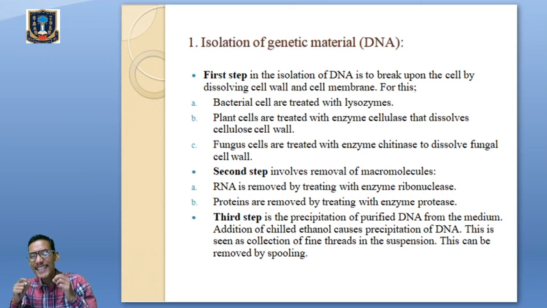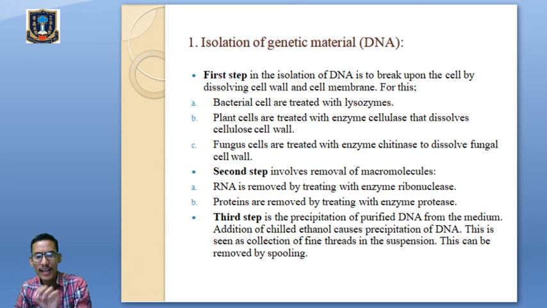Therefore in the second step, in order to remove those macromolecules, we have to use enzymes. For removal of RNA, it has to be treated with the enzyme ribonuclease or RNase, which will digest the RNA. So now RNA has been removed from the DNA. If it contains protein, then it has to be treated with the enzyme protease.